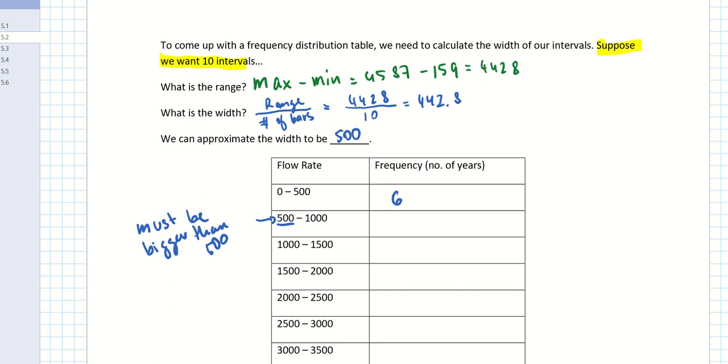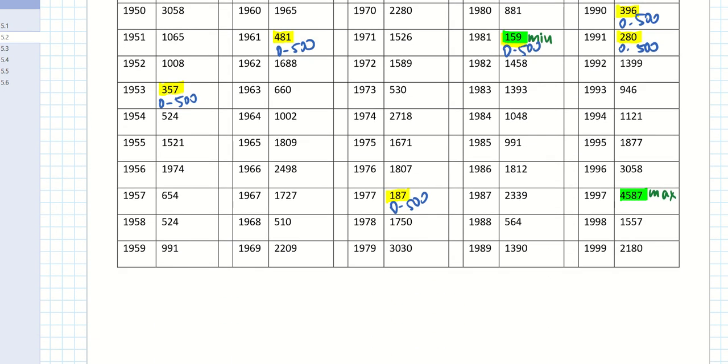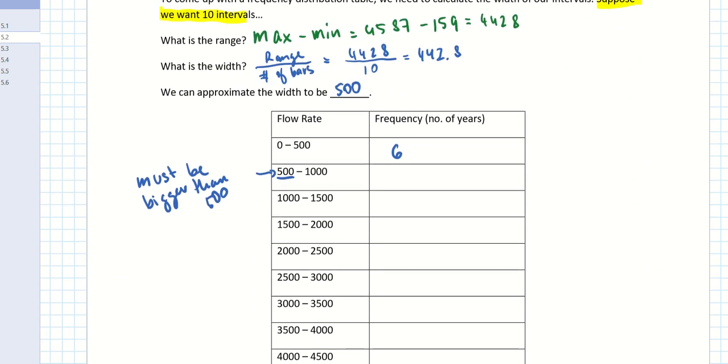So again, you're going to go to our data table here and pick any values that are between 500 and 1000. I'm not going to do this again, but you can do this at home and go through all the values and count them up, how many you're going to end up with. In this case, I counted 11 values for 500 to 1000.